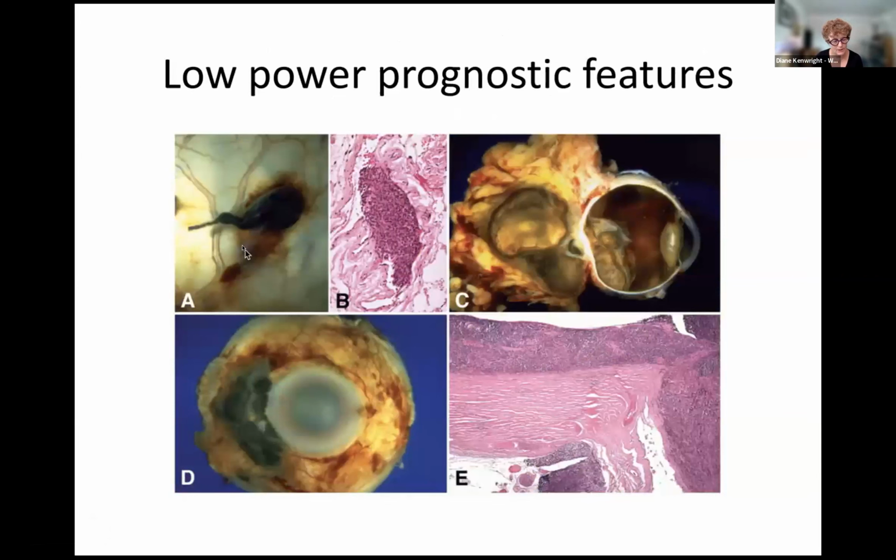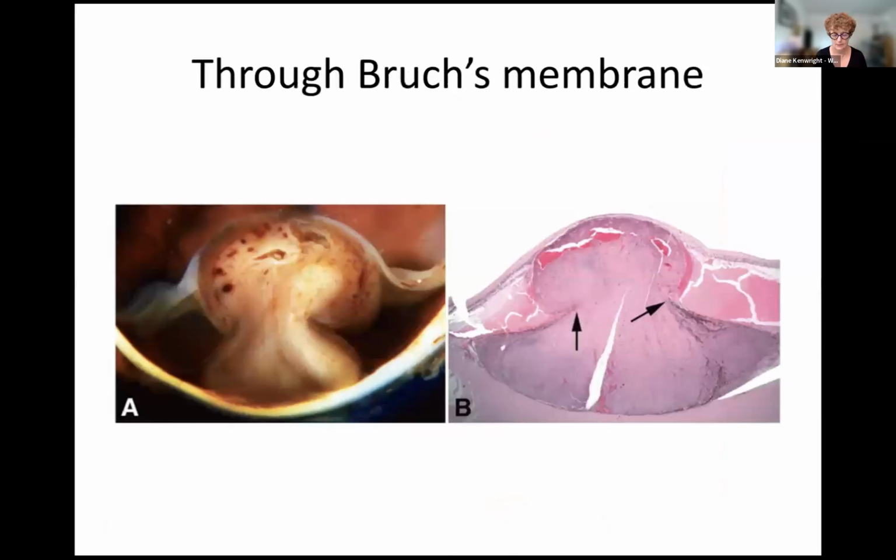We would also look at the outside of the eye and notice any extension. Here we've got it extending probably along a little blood vessel. We would notice any extraocular extension, any pigmentation of the sclera, and of course, this is the microscopic correlate. Now, this seems really obvious, but if you mention those things, you will get points, okay?